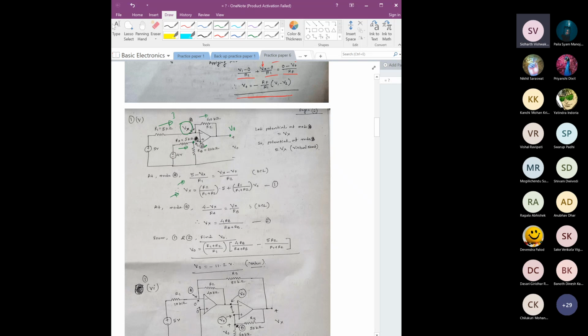No current can flow inside the op amp, so this current has to flow through RB only. So it is Vx minus 0, that is Vx by RB, taking this as the ground potential. This is another expression that we get from here.